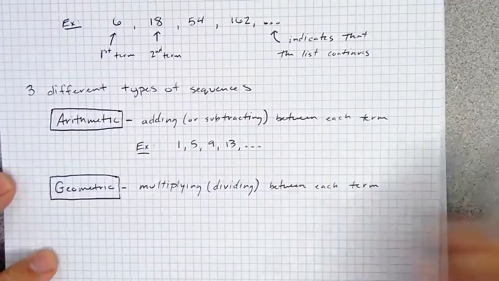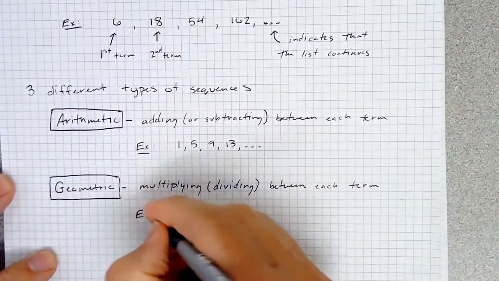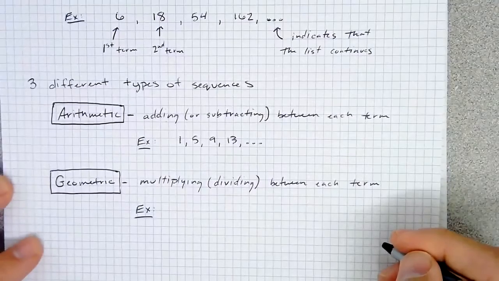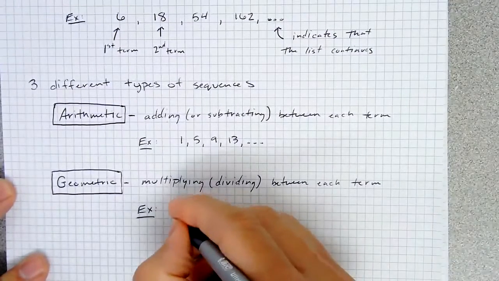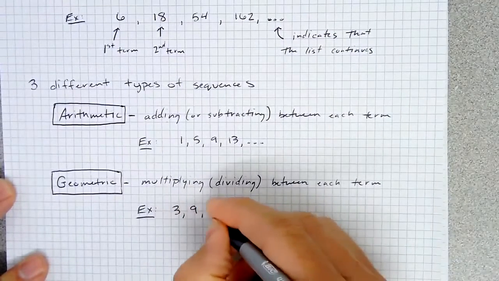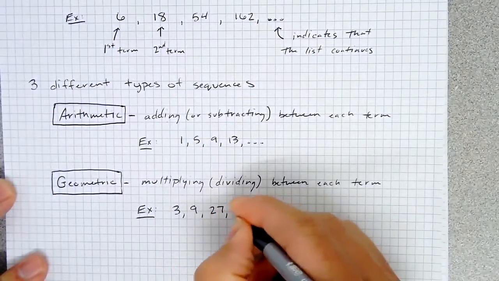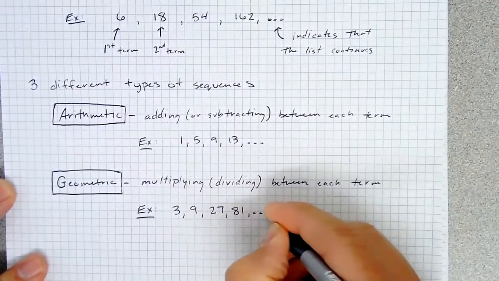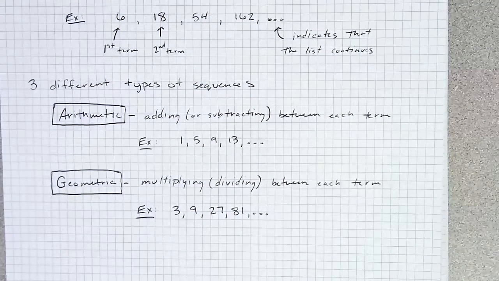Okay, multiplying by the same number between each term. And so in this example, 3, 9, 27, 81, we're multiplying by 3 in between each term.